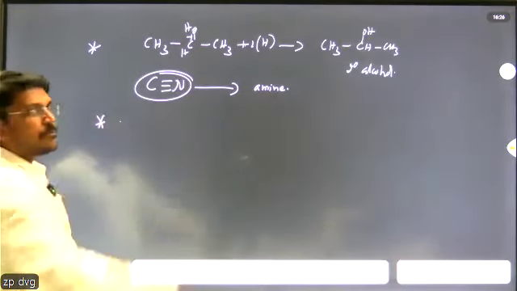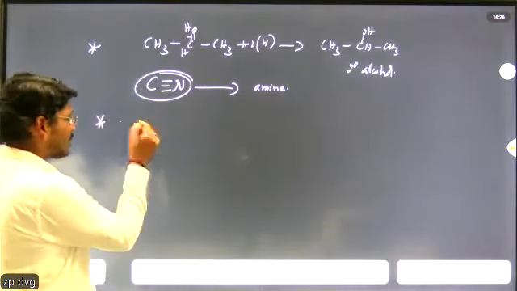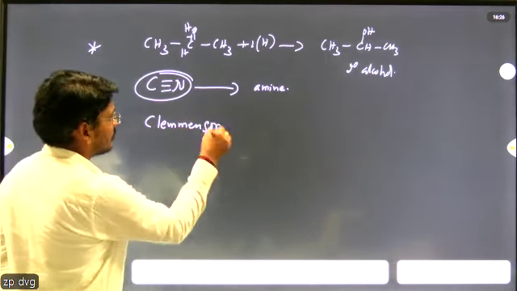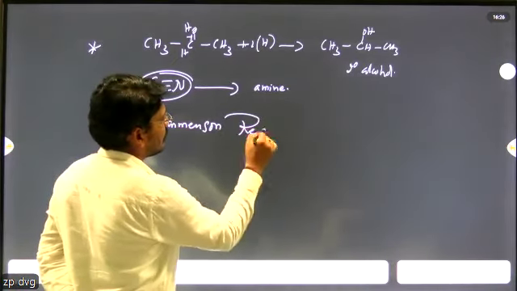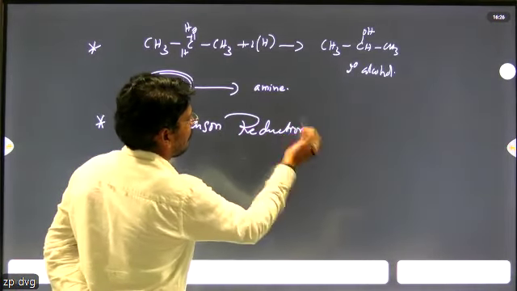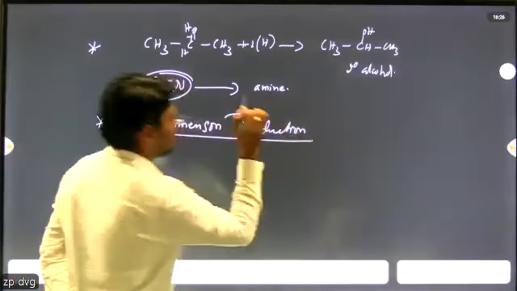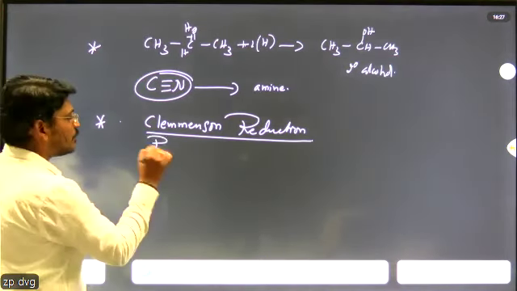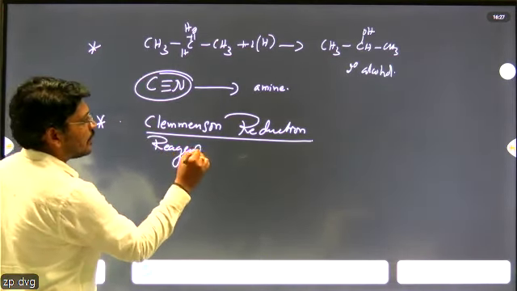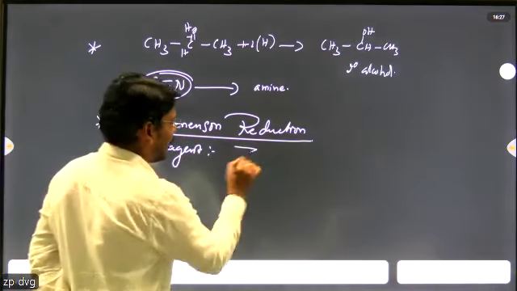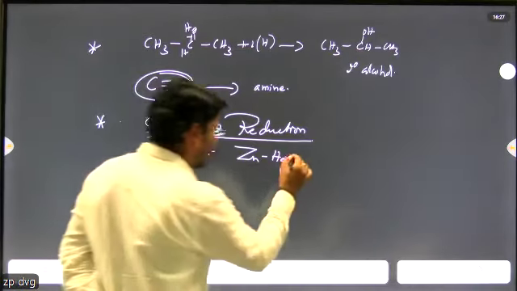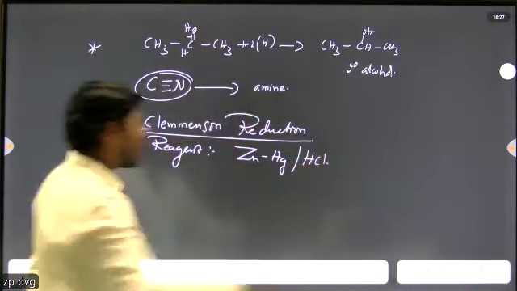But when it comes to other reactions like Clemmensen reduction, we already know that we can use certain reagents for Clemmensen reduction. Normally the reagent we are going to use is zinc amalgam. Amalgam indicates mercury, so zinc amalgam with HCl, hydrochloric acid.